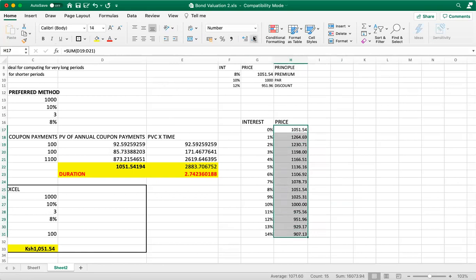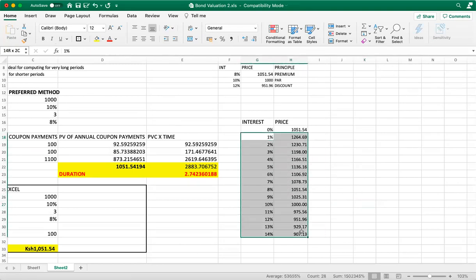If you want to reduce, that one you reduce up to 0. If I want to increase, I come to this one, the one facing left. So 1, 2, I put 2 decimal places. So now I have my prices at different interest rates.